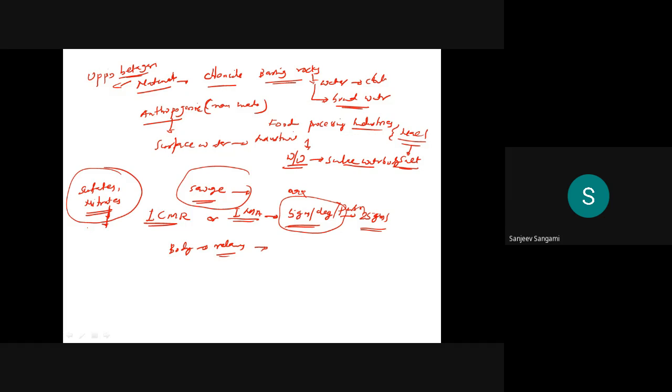The main health significance is that if you consume more salt, one issue is very important, BP, and second, it is more corrosive in nature. Your bones are made up of calcium.